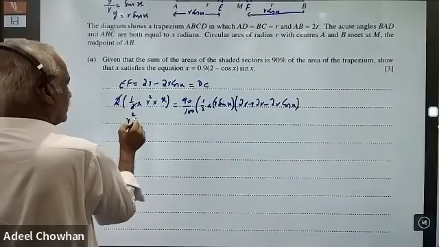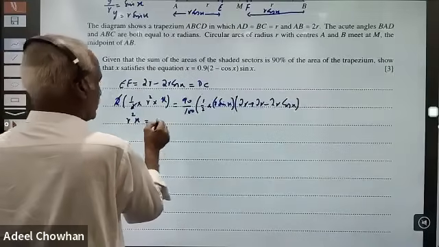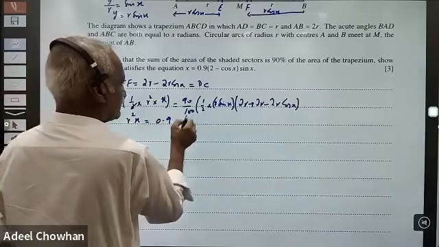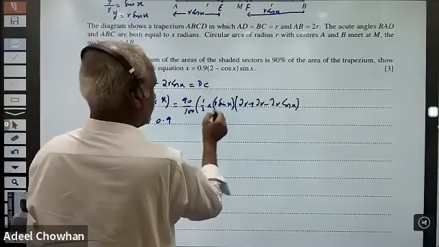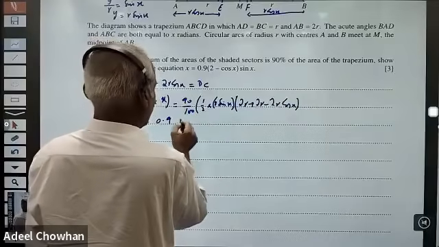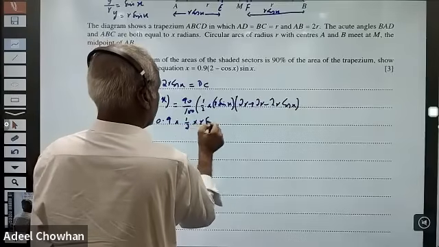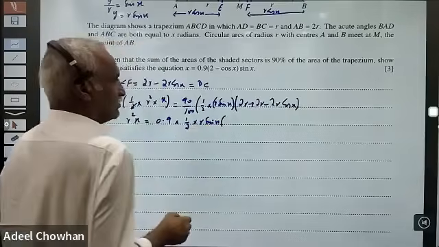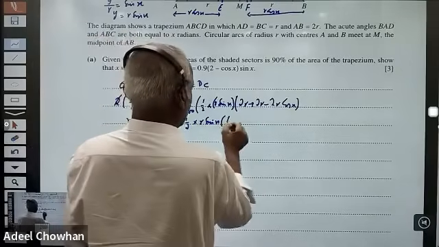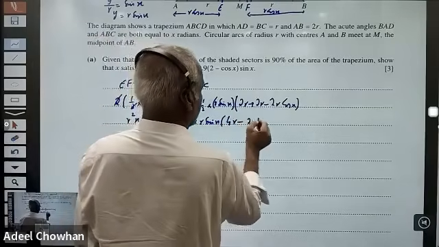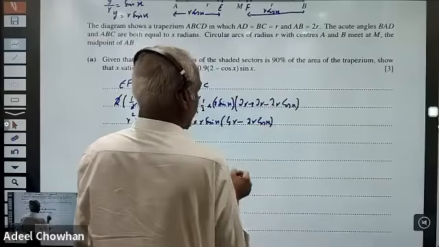So it should be equal to R squared X is equal to 0.9, this is 2, into R sine of X into 4R minus 2R cos of X.